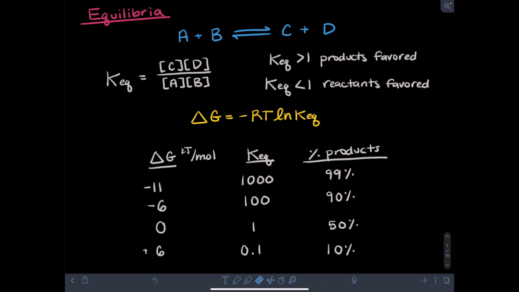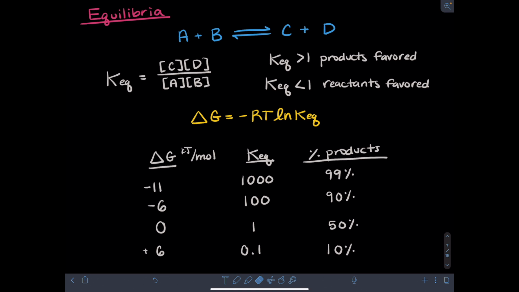And if you make delta G positive, this would be an unfavorable reaction. Your equilibrium constant would be less than 1, meaning your reactants are favored, and you would have only 10% products present.